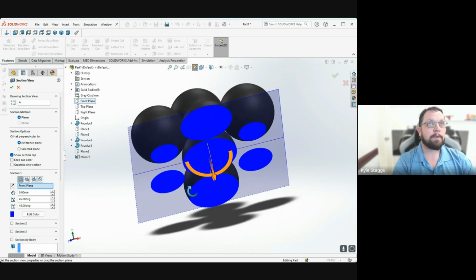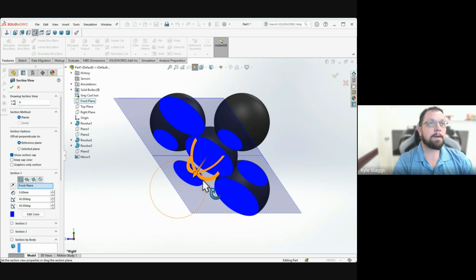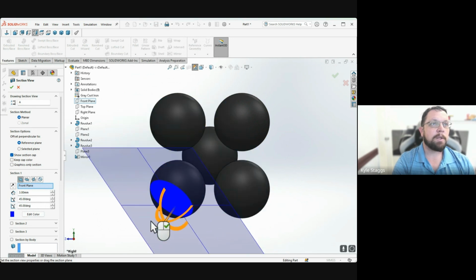So 45-45 gives you, if you look at it from the right side, especially, something that is not exactly a 1-1-1 relative to the unit as a whole. So we're looking at it from the right side.